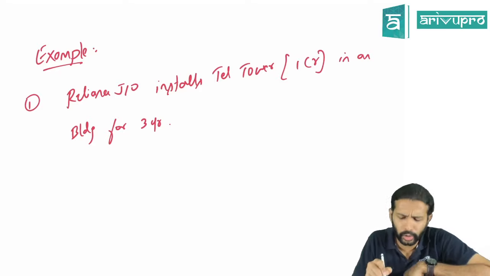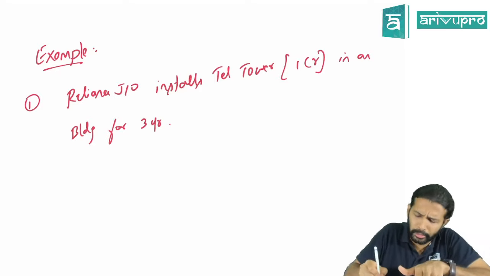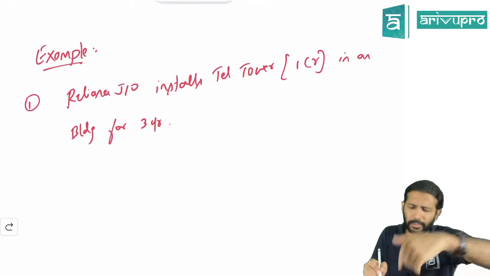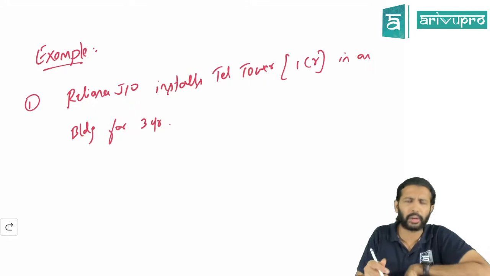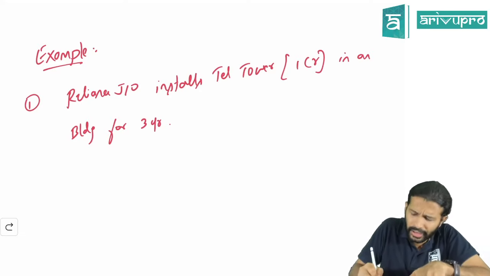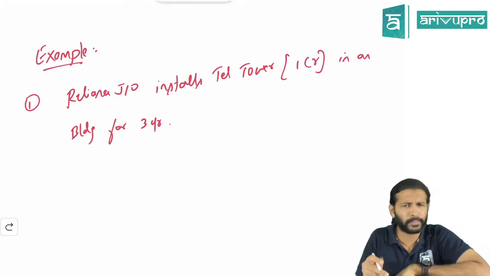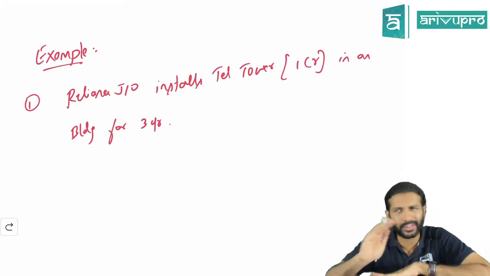The building owner told, what's in it for me? Reliance told, no problem, boss. I will give you some money every year if you give me the permission to install this telecom tower, let's say 1 lakh rupees. I'll give you some rental cost. And he also said, okay, no problem. So they've agreed upon some amount. Now we're not talking about that.